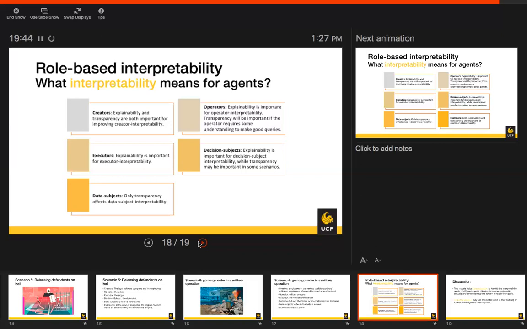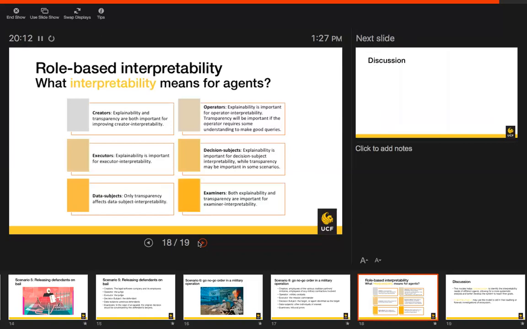When Facebook accesses our data, it uses our user data to do some analysis or to show us advertisements. Some users are concerned about their privacy, so they would like to know the transparency of the data, like where their data are used. For examiners, both explainability and transparency are important for examiner interpretability.